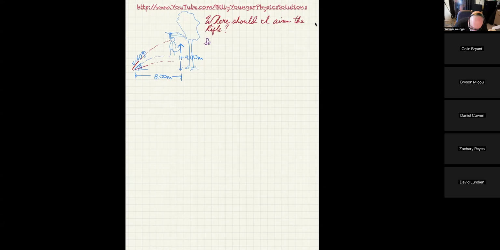We'll start off with the solution, and what we need is that the position of the dart has got to equal the position of the monkey.